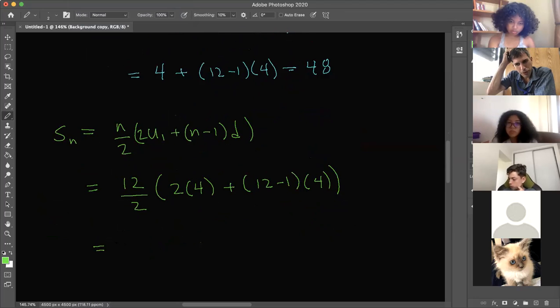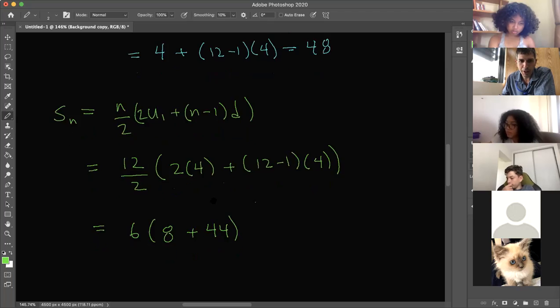What I often do before I plug numbers into a calculator is simplify these. So I know 12 divided by 2 is 6. 2 times 4 is 8. Plus 12 minus 1 is 11. 11 times 4 is 44. I just do this before I plug numbers into a calculator.